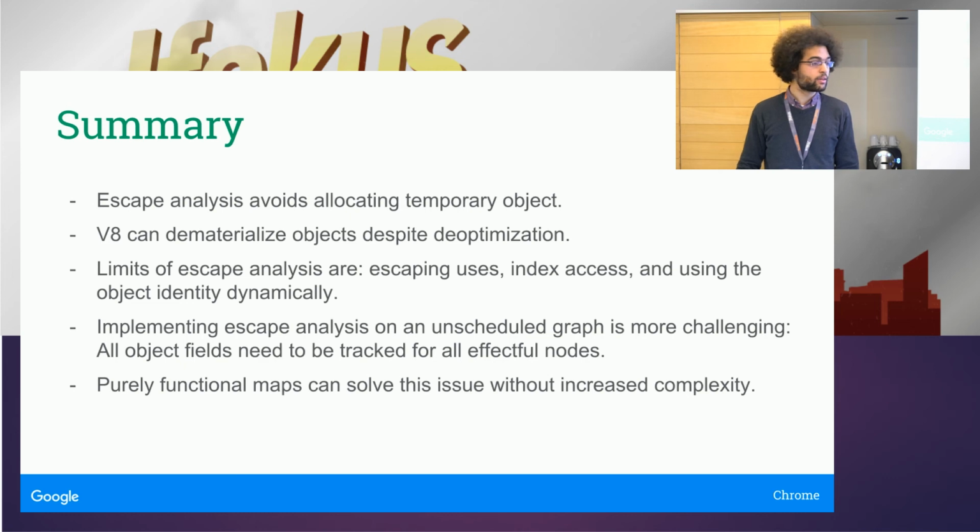So, just a general question about Turbofan resource usage. Is it more memory hungry than Crankshaft was, and how is JIT time compared? I'm not sure about memory, but for sure the time to do a compilation is significantly slower in Turbofan than it was in Crankshaft. But I mean, my portrayal was overly negative.